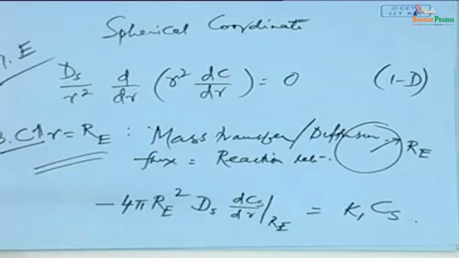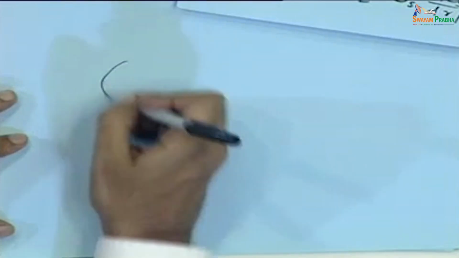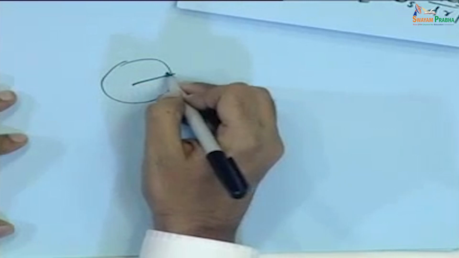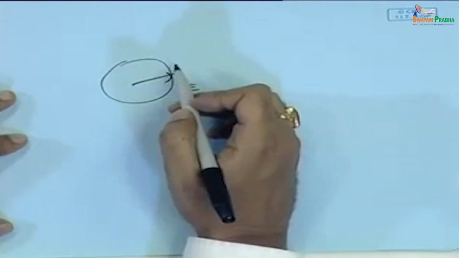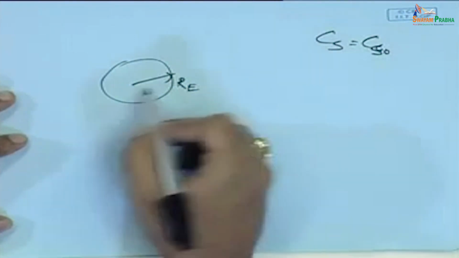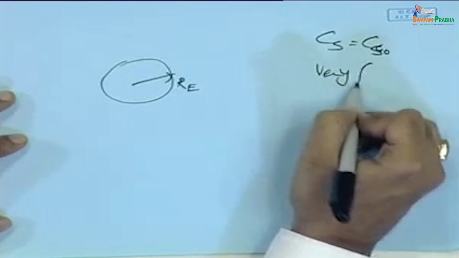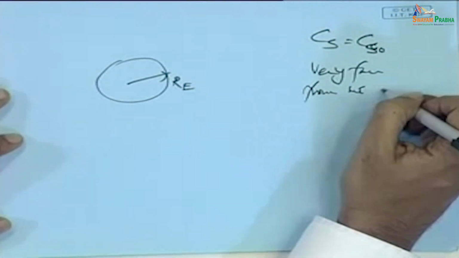This is my governing equation, and my last boundary condition is that, this is my surface, let us say, and this is R_e. Very far away from this, the concentration is a constant. So, C_s equals C_s naught very far from the matrix.